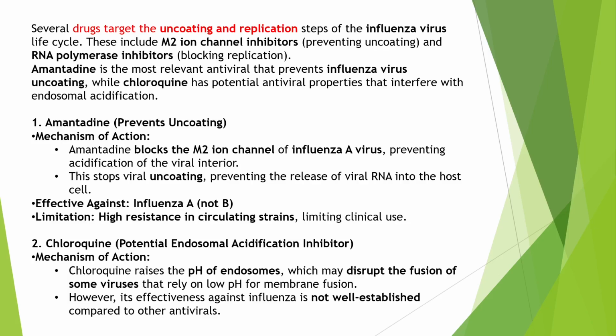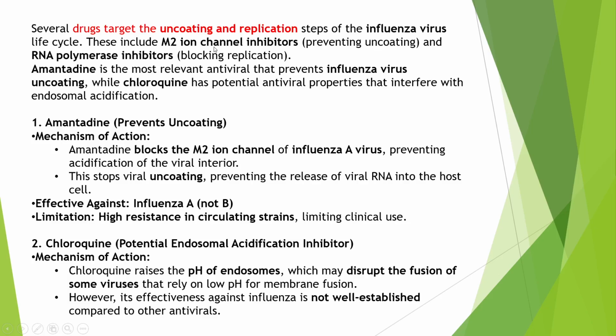Then next is drug targets that uncoat: drugs that target the uncoating and replication of influenza virus. There are several drugs which target the uncoating and replication steps, and a few of them we have already discussed before.